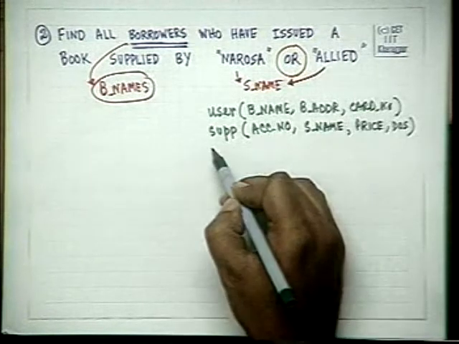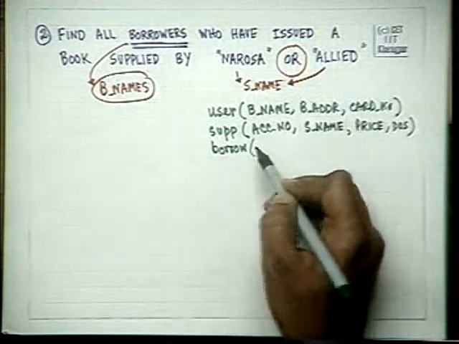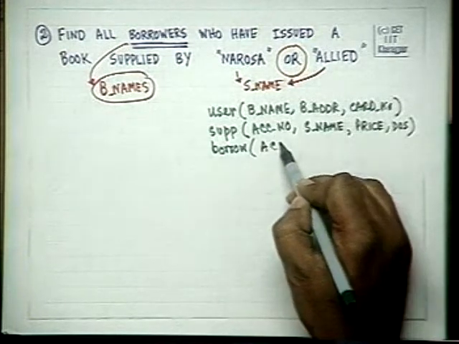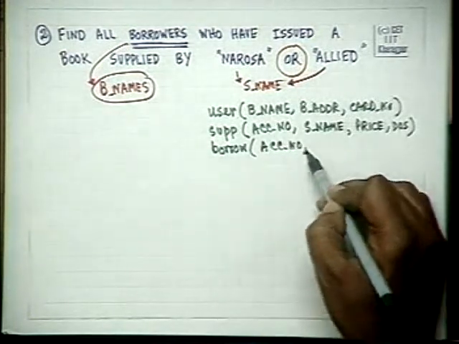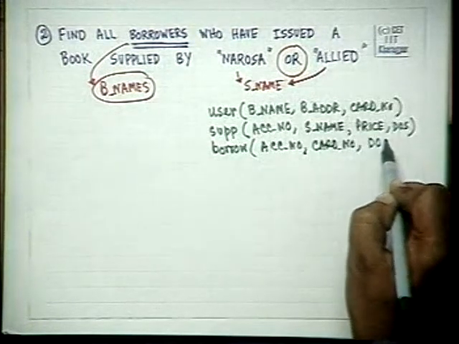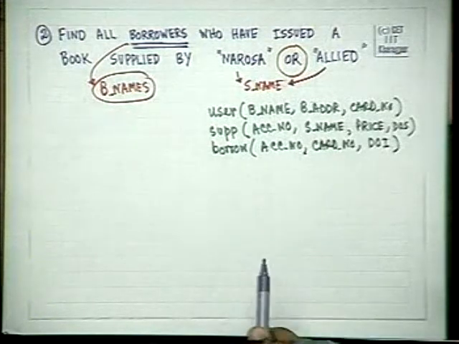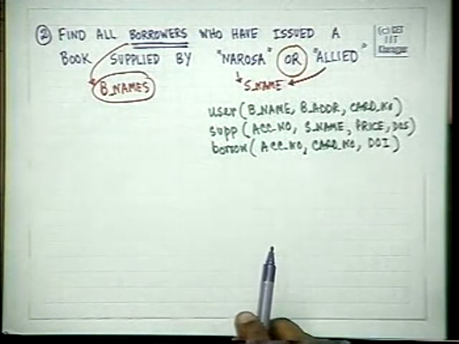So for this, we need the borrowed by relationship, and for that we have to use the borrow relation, which has got the accession number, the card number, and the date of issue. We will have to use all three of them, and in relational algebra we would have had to do a natural join of these three and then select out and project out the relevant attributes.